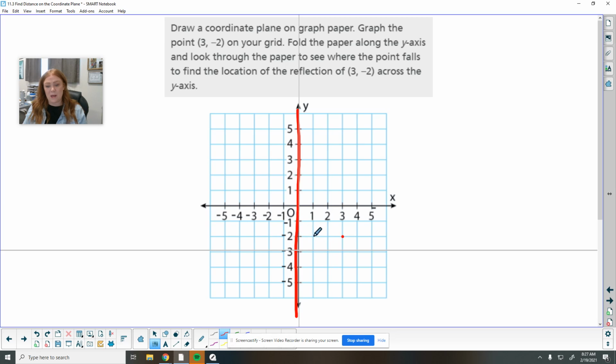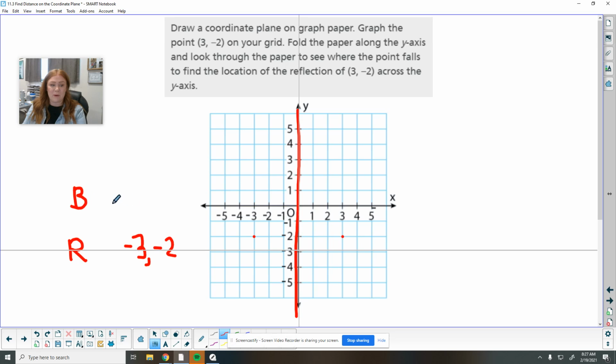So this is over 1, 2, 3. So that means from 0, we've got to go the other way, 1, 2, 3. So I think if I reflect this, I will be at -3, and then down to -2. So this was our reflected point.